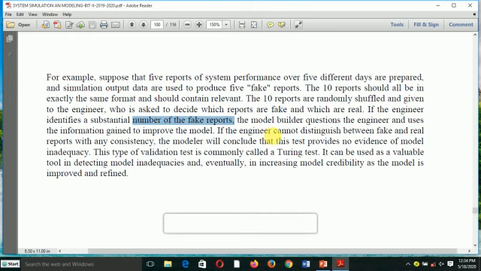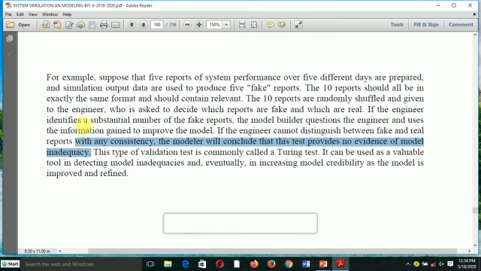So it means that our model is okay. But if we can differentiate them, it means that our model is not accurate, so we have to revise it.